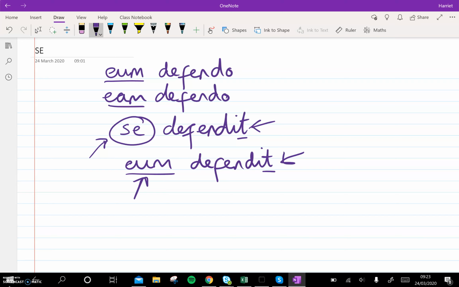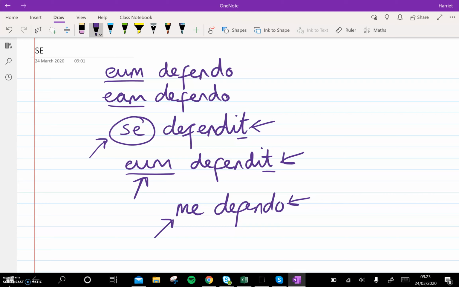Okay, we've used the pronouns me and te and vos and nos previously as the same thing. So if you wanted to say, for example, I defend myself, you would say me, the accusative, defendo. I defend myself. And again, this person doing this verb is the same as this person.